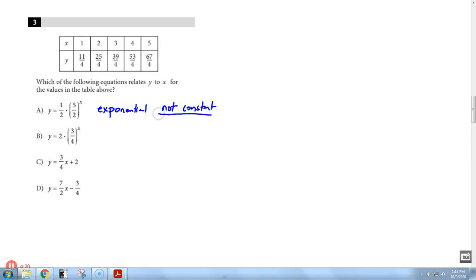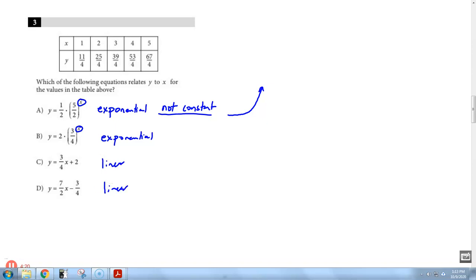Exponential means you grow slowly and then you start going really fast, something to that effect. Because I see a power here, and a power here too, these are both exponential. And these two don't have a power, so these 2 are linear.